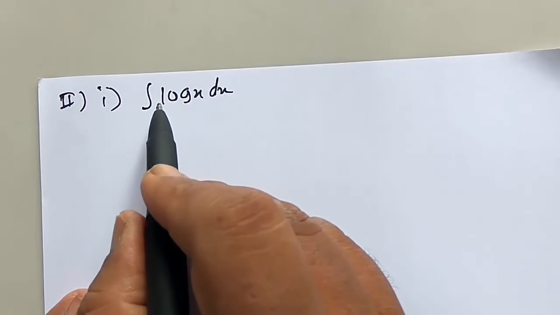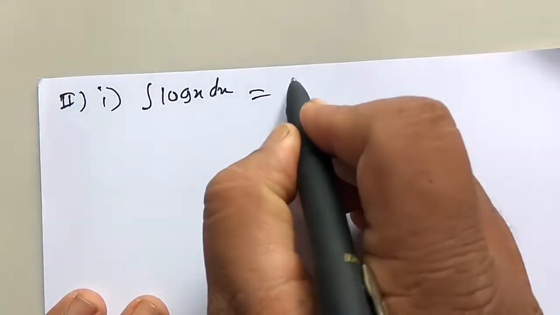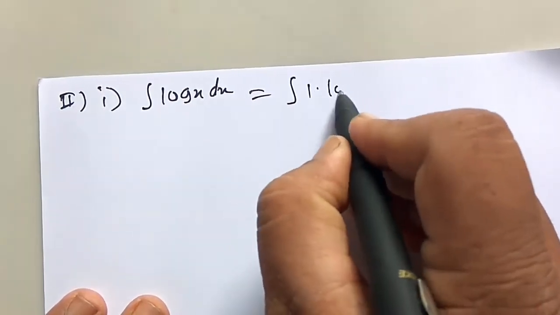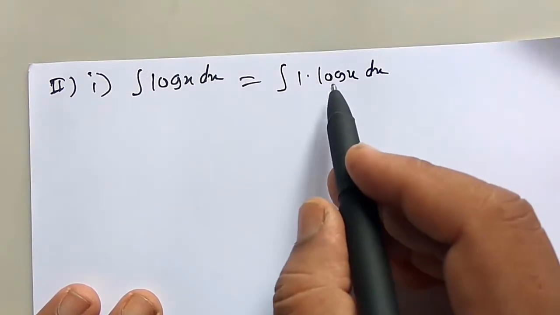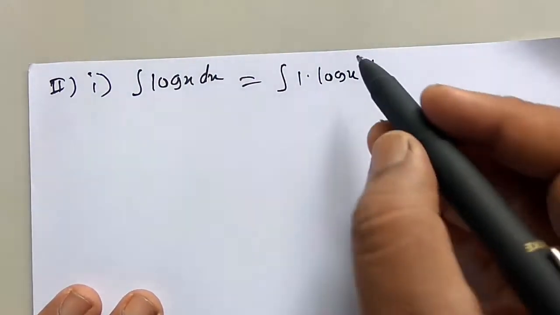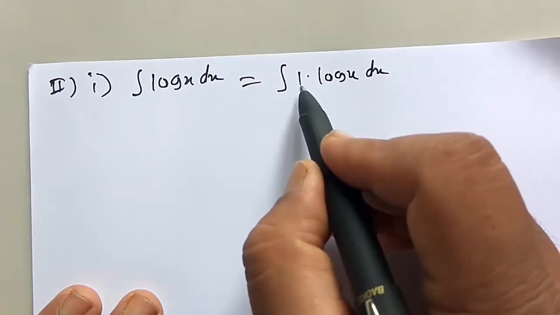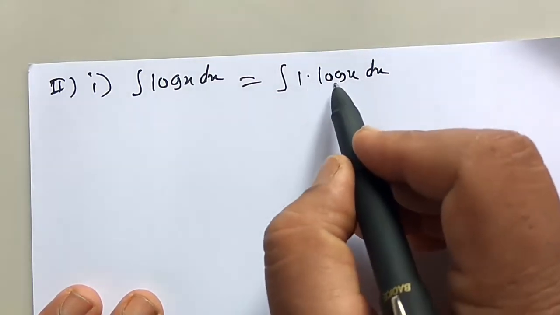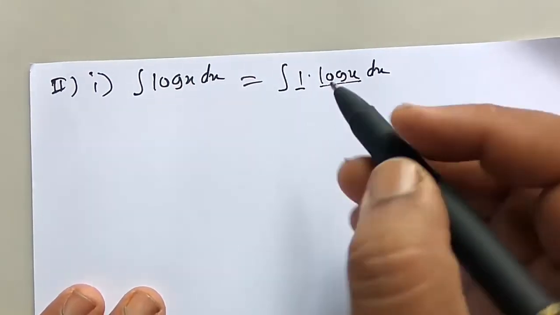For that we take 1 as one of the functions. So, this is equal to 1 into log x dx. Now, we apply integration by parts. We do not know the integration of log x, but we know the integration of 1. So, taking log x as the first function and 1 as the second function.